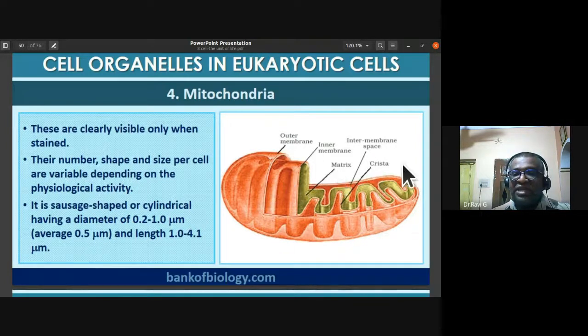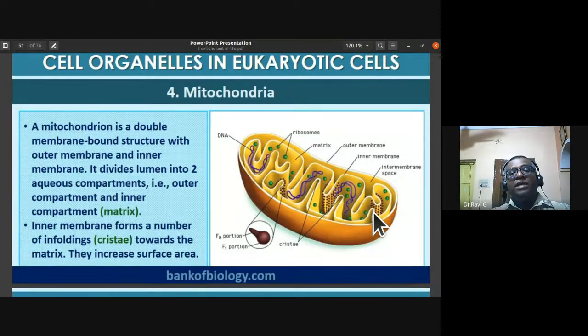So they are sausage shaped or cylindrical. They have a diameter of 0.2 to 1 micrometer and a length of 1 to 4.1 micrometer.